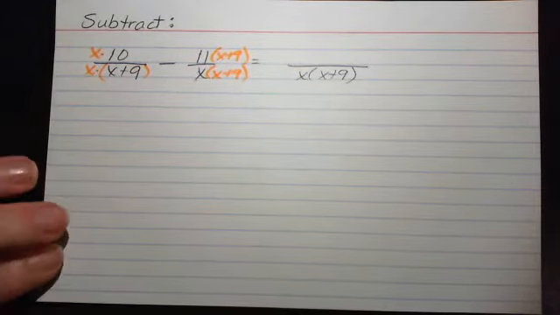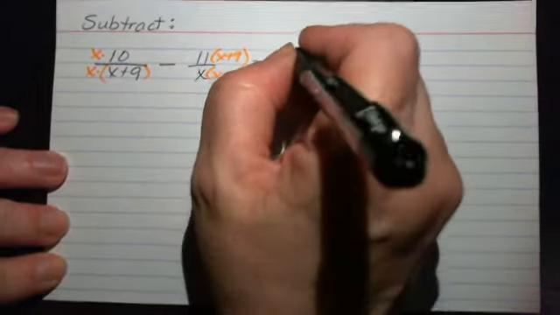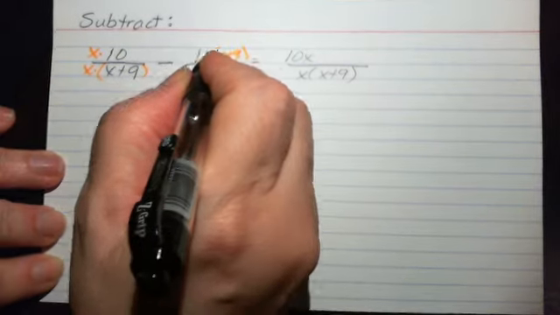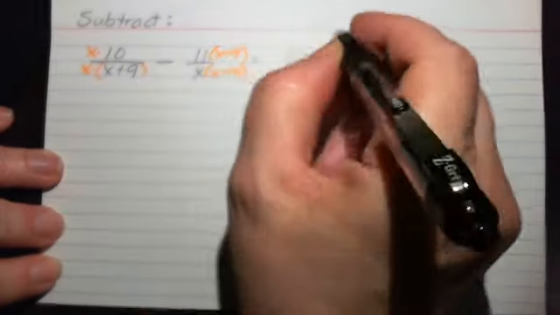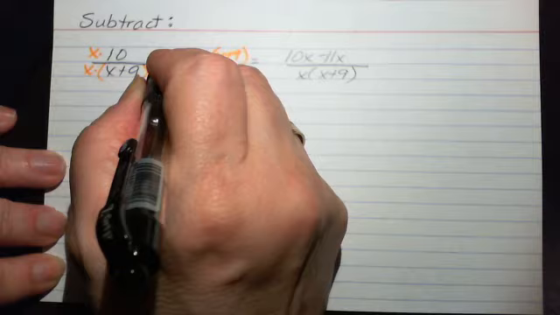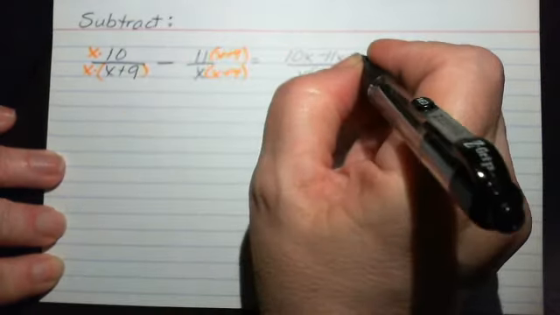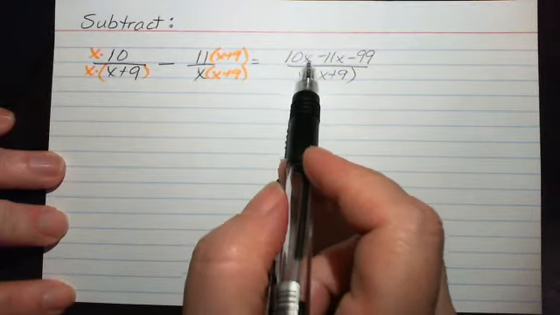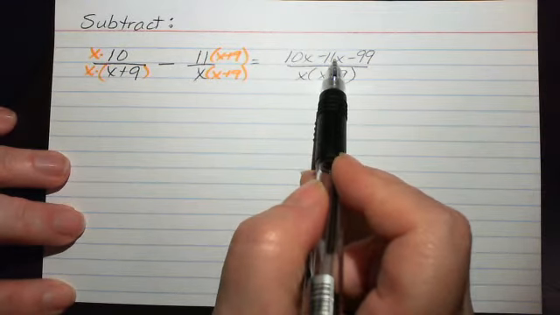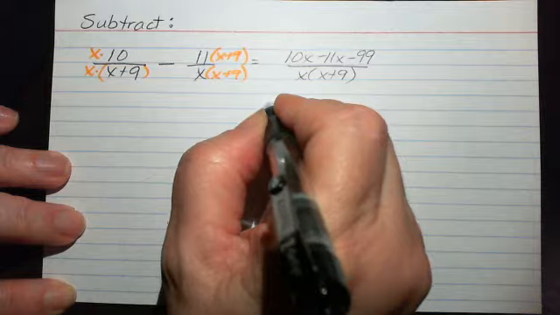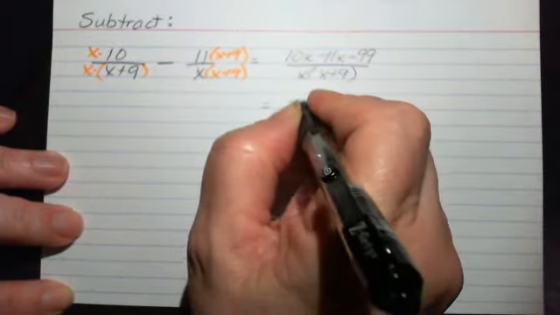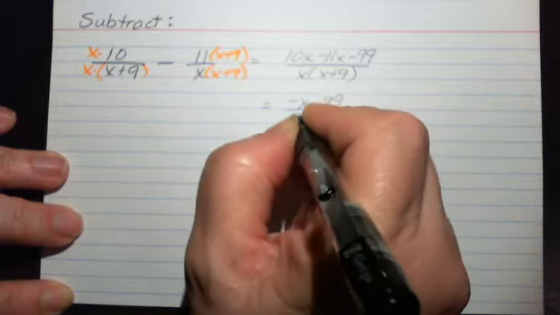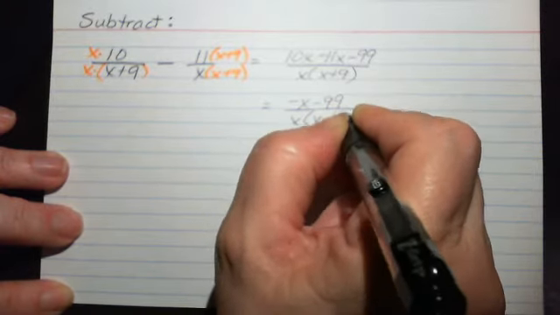So let's carry out the multiplication. X times 10 for 10x, and then negative 11. We're going to distribute here. Negative 11 times x, negative 11x. Negative 11 times positive 9, negative 99. Now we can simplify this because we can combine like terms here. 10x minus 11x is negative x minus 99, over x times x plus 9.